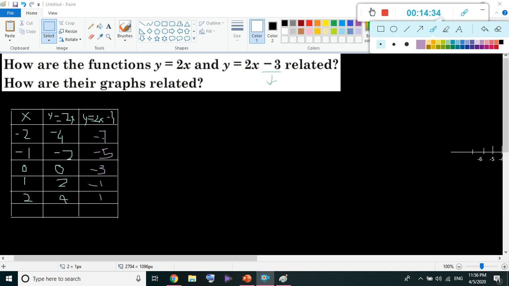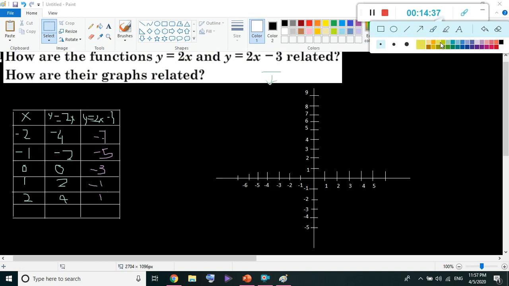Okay, so let's graph it together. Let's first graph the equation y equals 2x. When x is -2, it gives me -4, which is over here. -1 gives me -2, 0 gives me 0, 1 gives me 2, and 2 gives me 4.